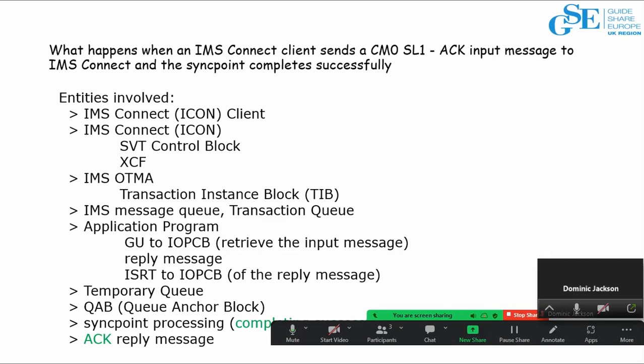To start with, the client sends the input message, and IMS Connect will build a control block, called the SVT control block for the client, if it does not already exist, and will send the input message to IMS OTMA through XCF, the cross-system coupling facility.